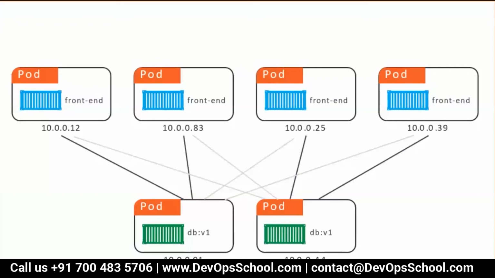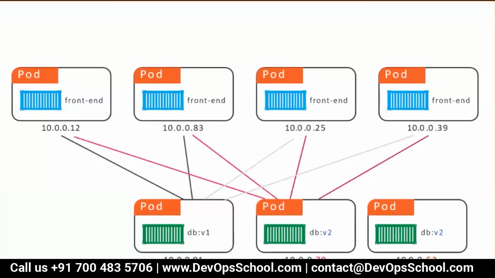Not able to understand this. Which front end will talk to which backend? So that's the kind of problem which we have. How do we tackle this problem? But before that, let's understand one more problem. When you deploy version 1 to version 2, you get a new pod actually. So earlier you had a version 1 deployment and then we got a version 2 deployment.